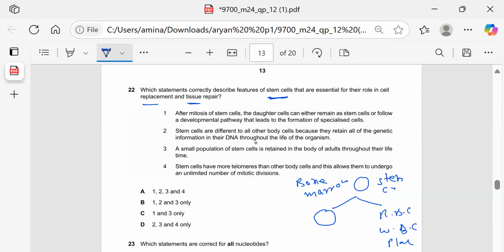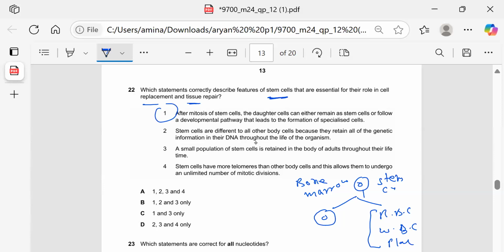And then some stem cells remain over there because your RBCs have a life of only a maximum of 120 days. You need to make them continuously. So the stem cells have to be present over there. And then this stem cell is also used in specializing. So yes, one seems correct.